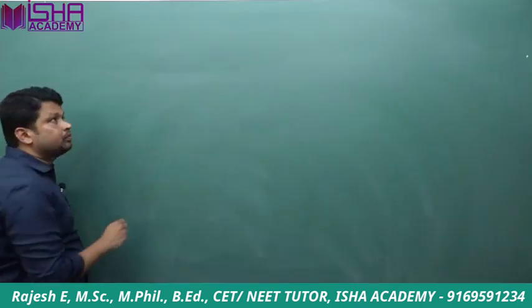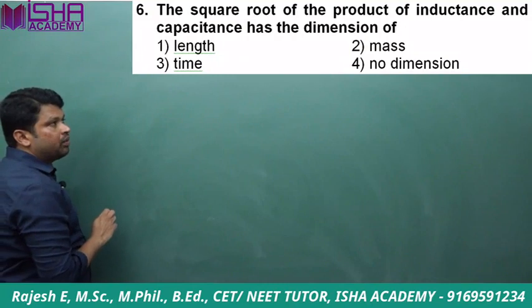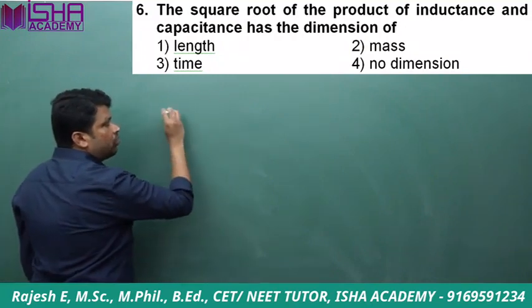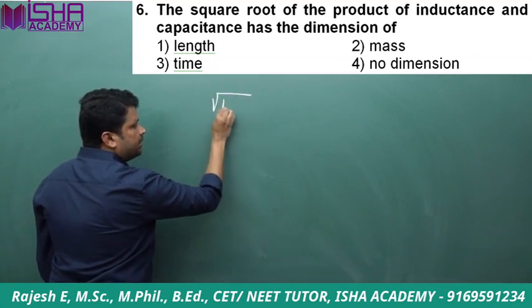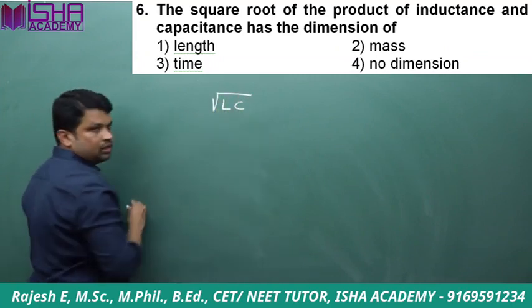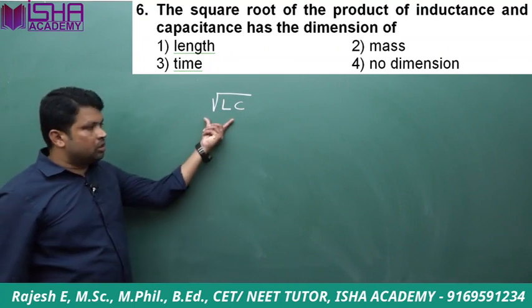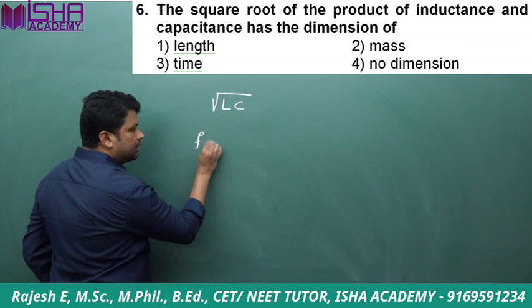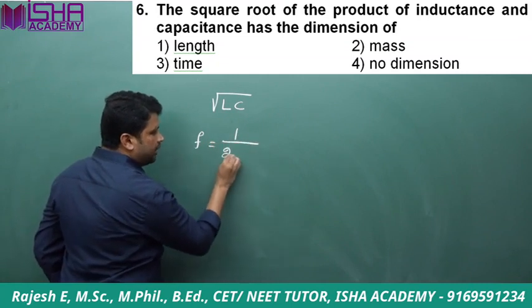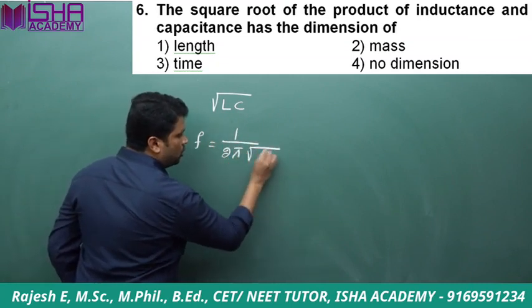See the next question. In the next question, we have to find the dimension of square root of inductance and capacitance. The formula is F is equal to 1 divided by 2 pi into root LC.